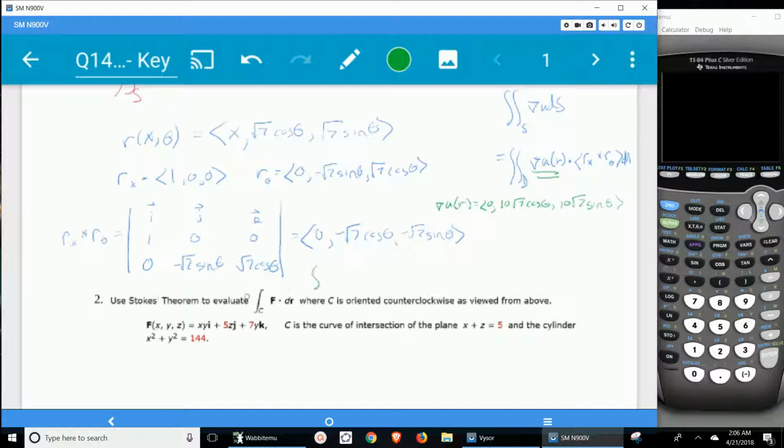If we dot these, we get 0, and then negative 70 cosine squared theta, and then negative 70 sine squared theta, which is just negative 70.